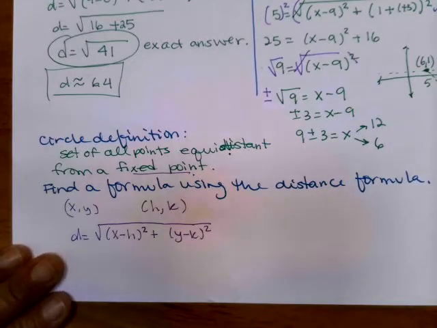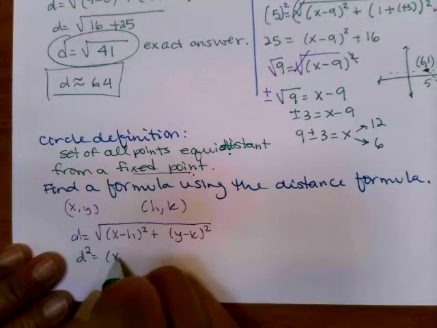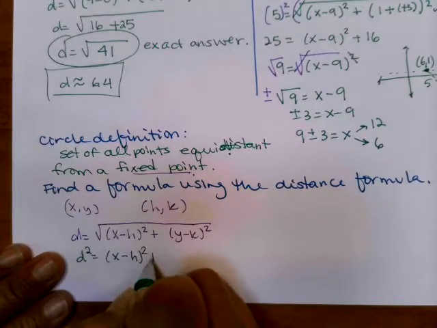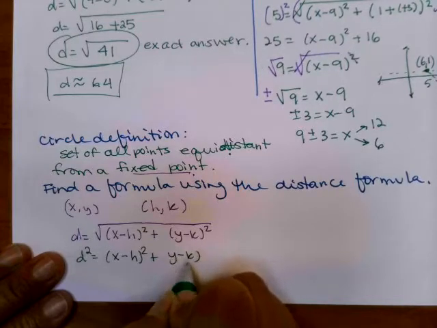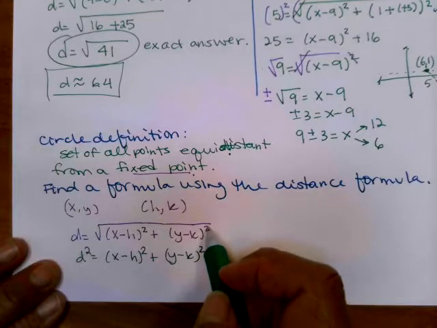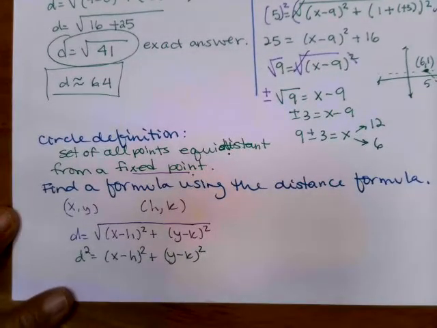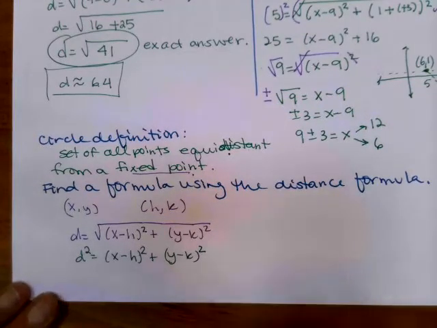Square both sides so that I get d squared equals (x minus h) squared plus (y minus k) squared. So I squared both sides, got rid of the square root on the right, kept the squares on the inside because I haven't dealt with them yet. And this is the equation of a circle, or a formula to write down the relationship of a circle.